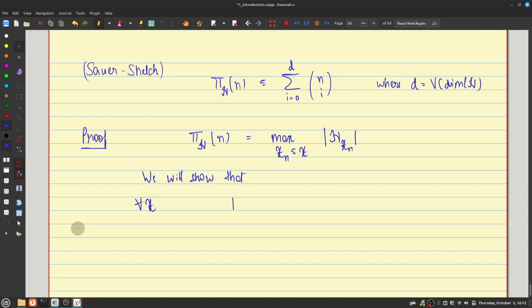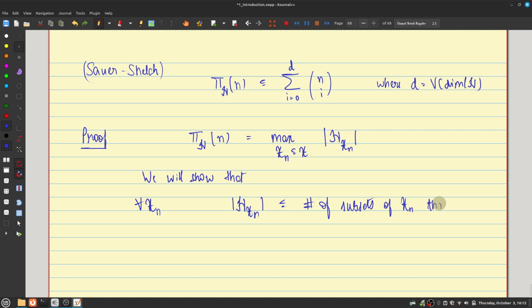It doesn't matter what subset you choose, not just necessarily the maximal subset: for all X_n, the size of the restriction can be upper bounded by the number of subsets of X_n that are shattered by H. Just recall that a set is shattered by H if the restriction of H to that particular set is the set of all possible functions.